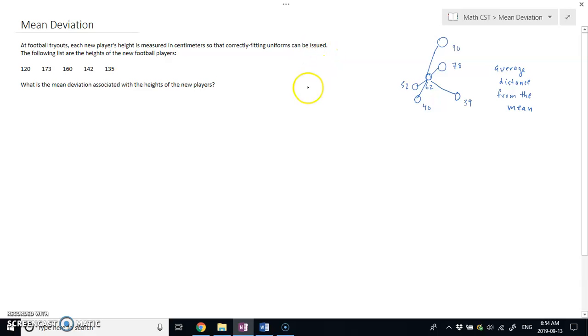Now, the first thing we need, though, is to find the mean itself. The symbol for the mean is x bar. And just like a class average, we're going to add up all the values and divide by the total number of them.